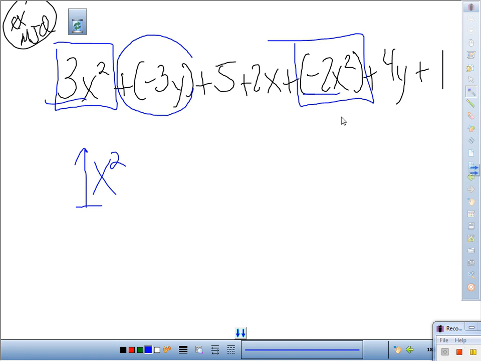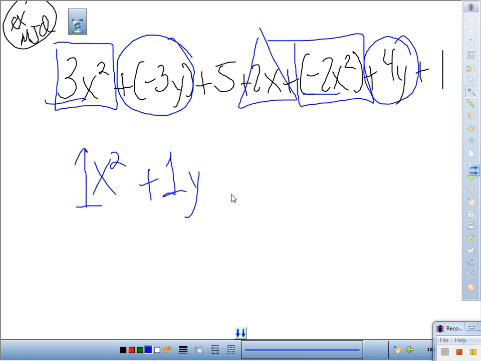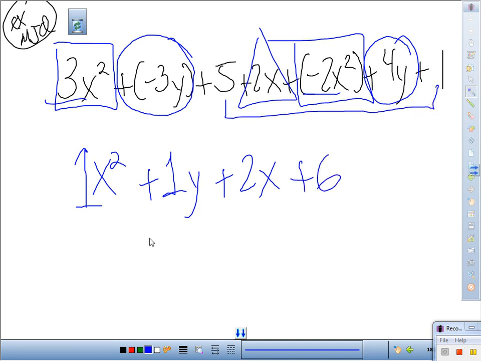I got negative 3y, and I got 4y. That gives me positive 1y. All right, next. Do we have an x? Yes. So I just bring that down to x. And then we got 5 and 1, that's 6. And if you got something like that, x squared plus 2x plus y plus 6. Hands if you got that.